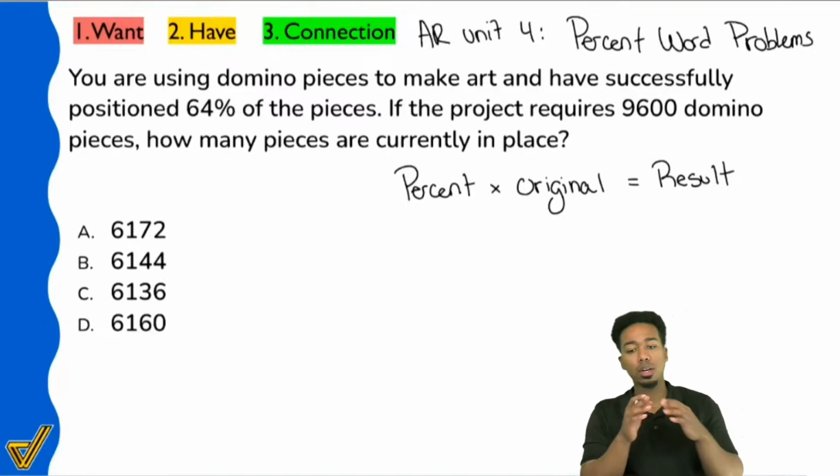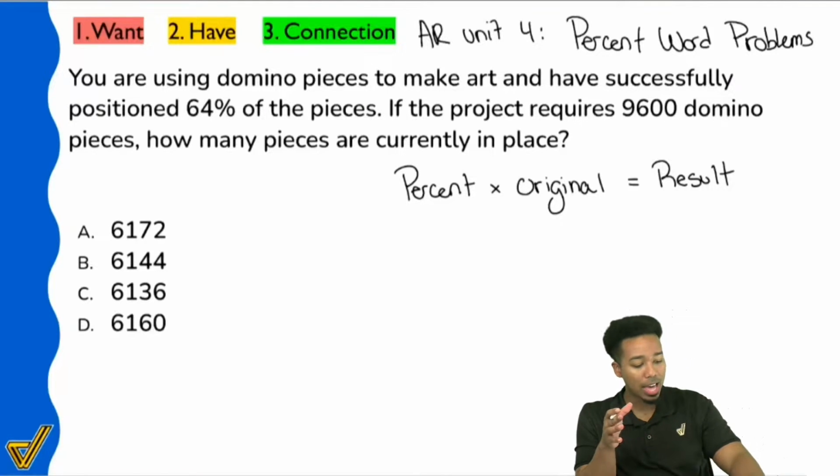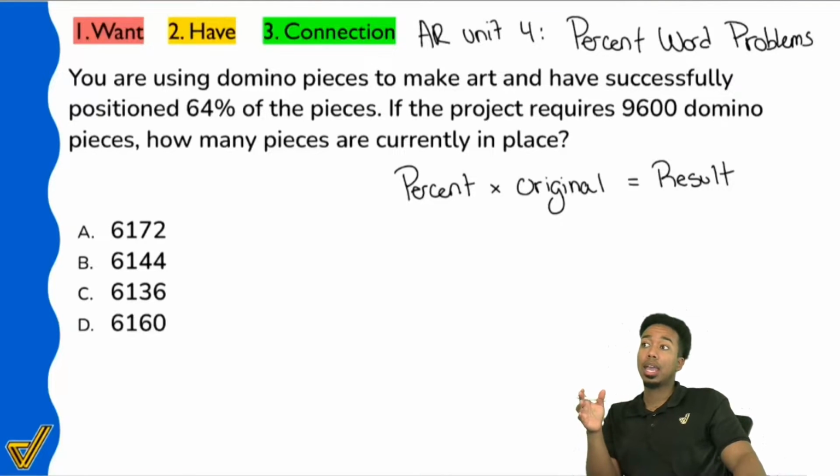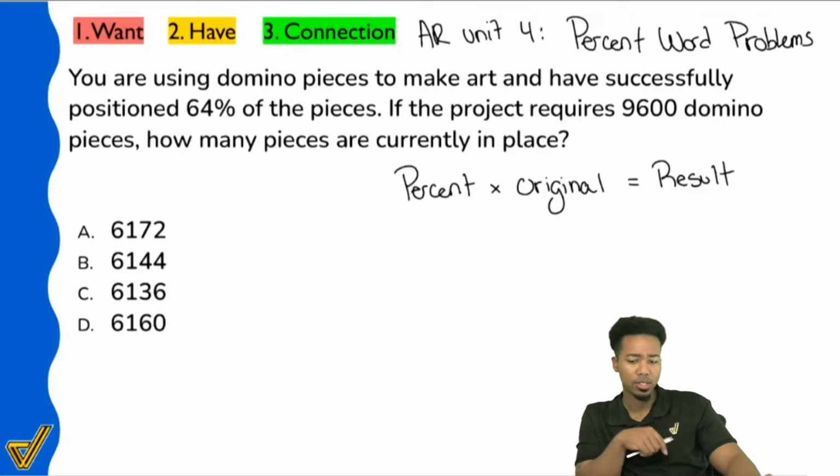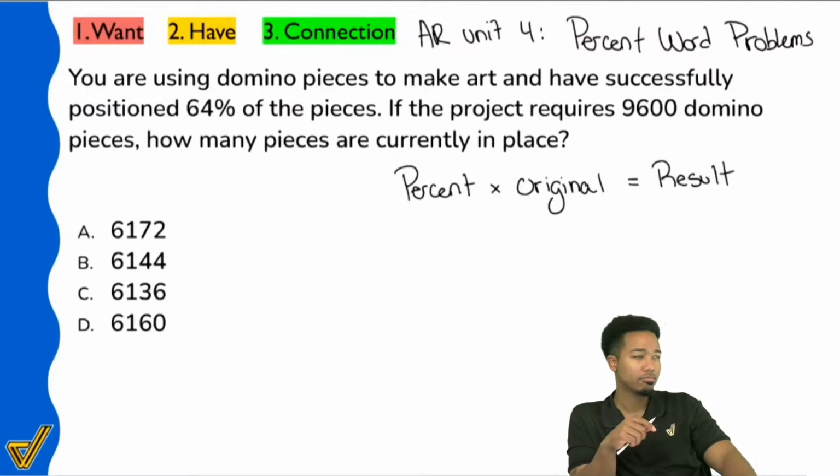And so when it comes to this formula, there's actually going to be a main idea that goes along with it. Who can tell me what the main idea is for percents? What is the main idea for percents?